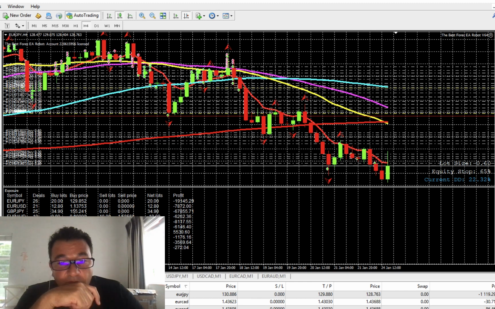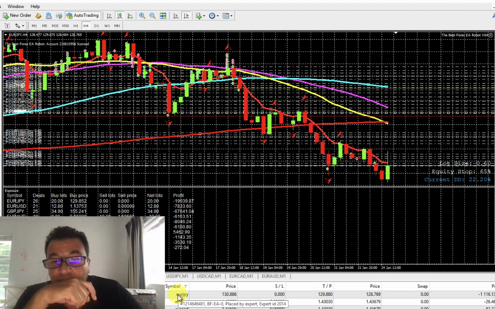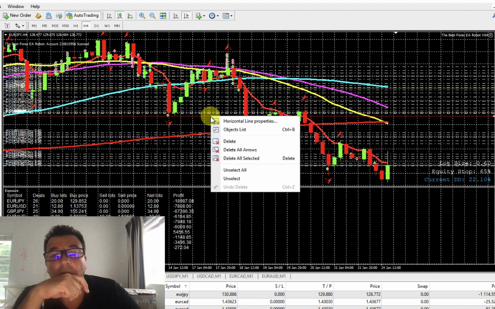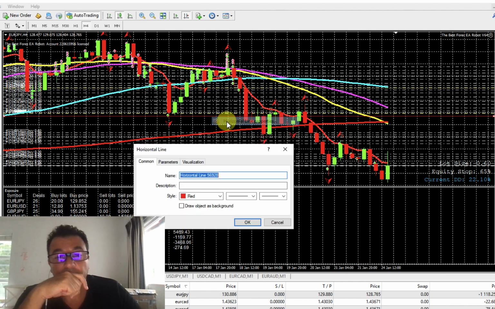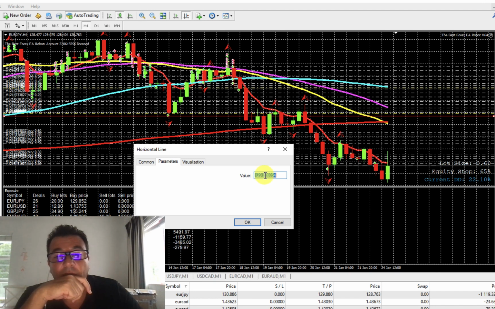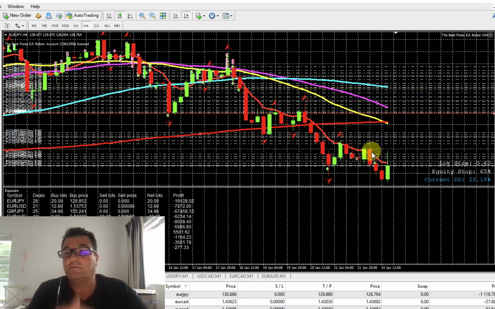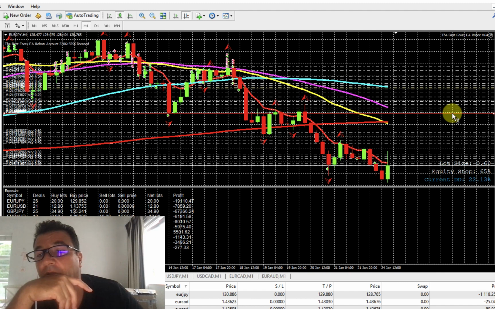So the take profit for EJ is at 129.80. Here it is. So we're going to move that, and we're going to do the properties, and we're going to change the parameters to 129.80, and then it's going to sit on the take profit line, right?